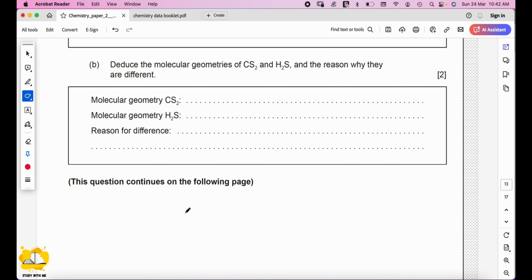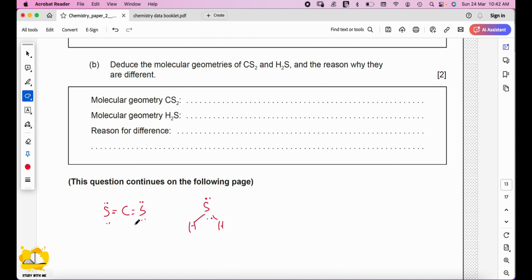Deduce the molecular geometries of CS2 and H2S and the reason why they are different. So the Lewis structure of CS2 will be like this, double bonds, and then H2S will be like this.